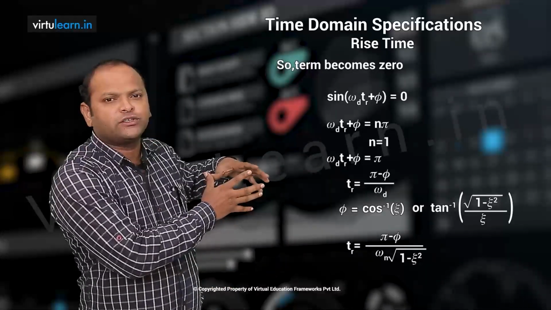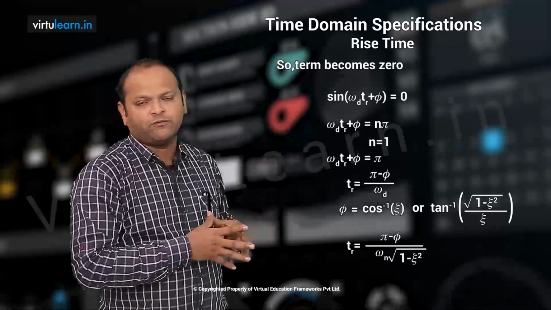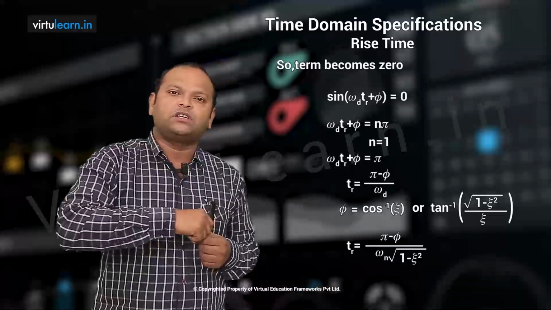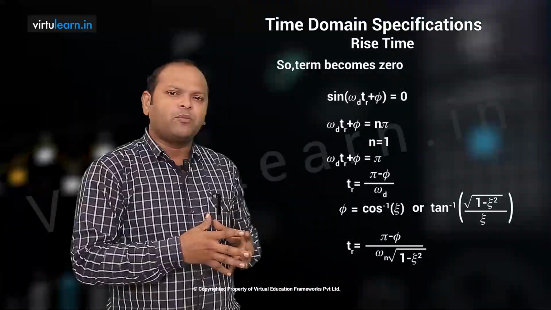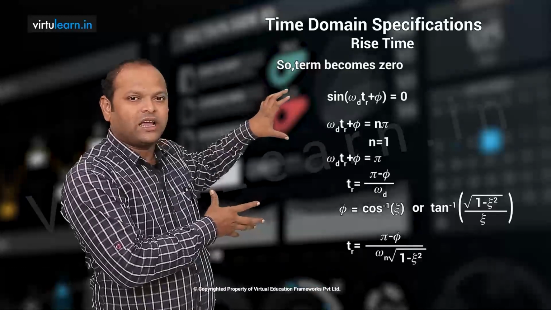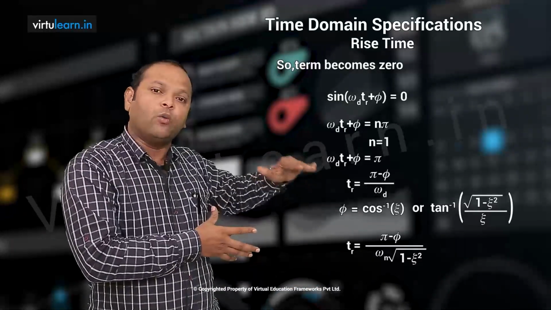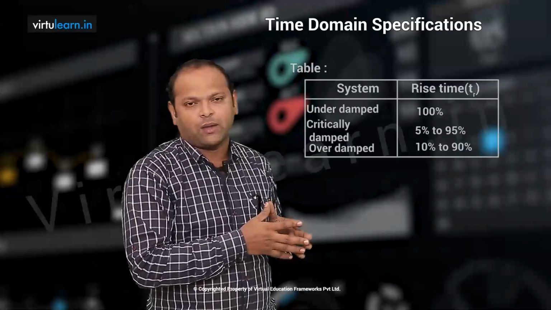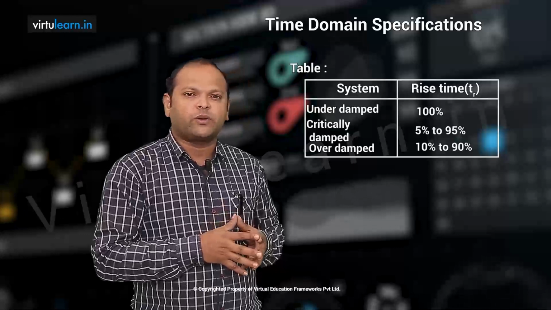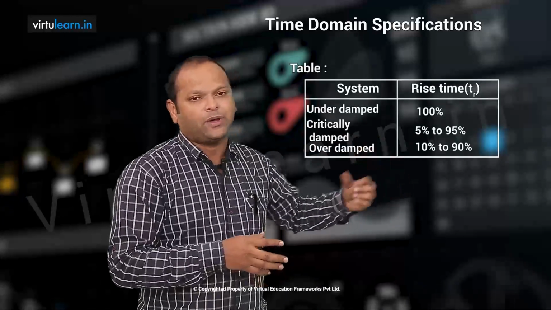This is the expression for an underdamped system, where we defined the variation of the response from 0% to 100%. Sometimes we are interested in the rise time for underdamped, overdamped as well as critically damped systems. For an overdamped system, we take the response from 10% to 90%.